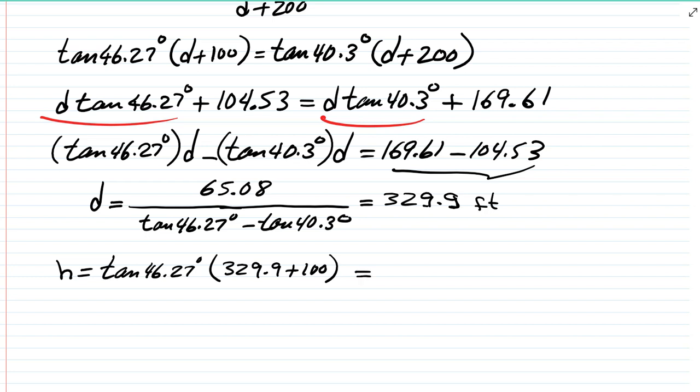And that will give you 429.9 times tan 46.27, and the h that I get is 449.4 feet.